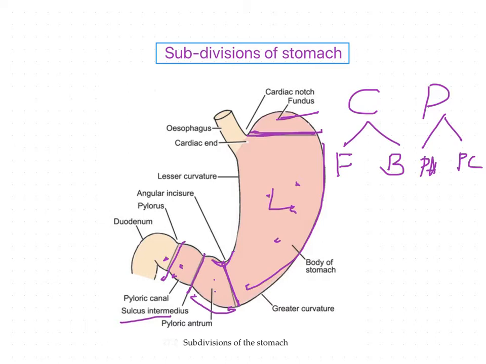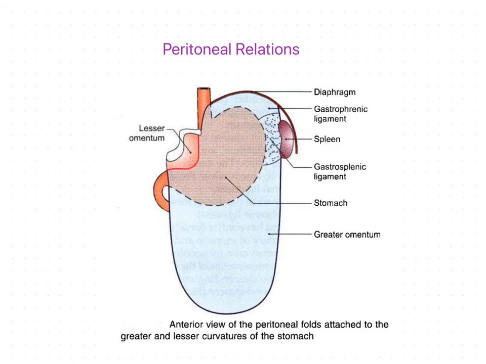Next we will move on to the relations of the stomach. First we will see the peritoneal relations of the stomach. As we have finished, what do you mean by peritoneum?